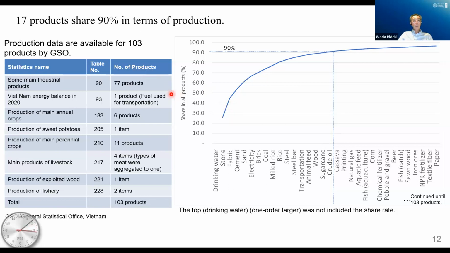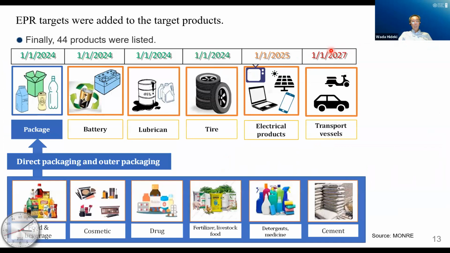It is impossible to draw that kind of material flow for all material flows. So we limited it to several products, considering the share rate in the Vietnamese market. Surprisingly, only 19 products can explain 90% of all material flow input to Vietnam. And I didn't forget to add the EPR targets stipulated by Decree Number 8.